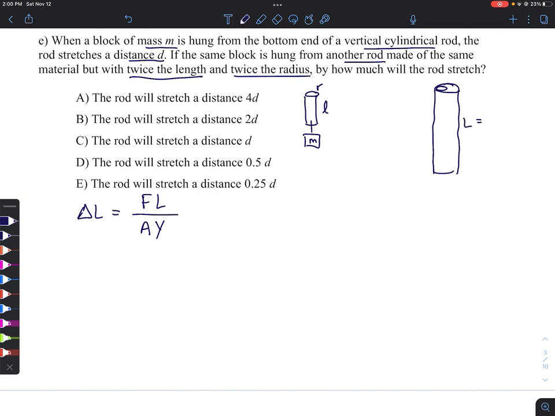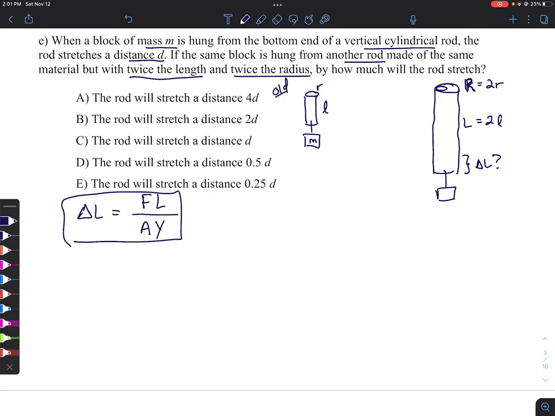So its length is 2L, and its radius is 2 times the old radius when we hang a mass, and we want to know how much does it stretch in terms of the old stretch. So I'm going to apply this equation in both situations.